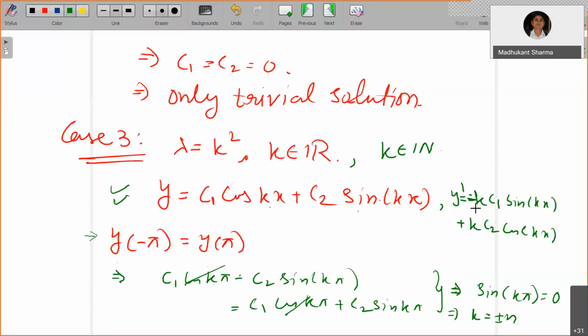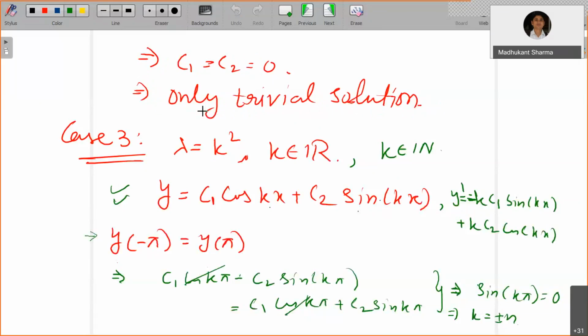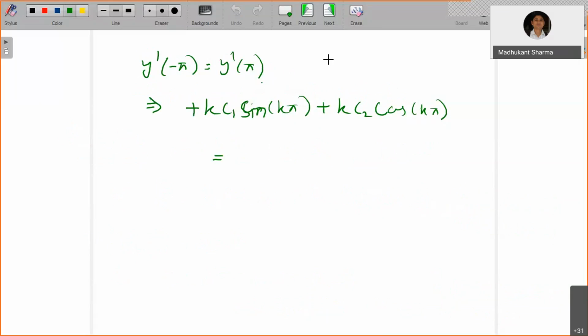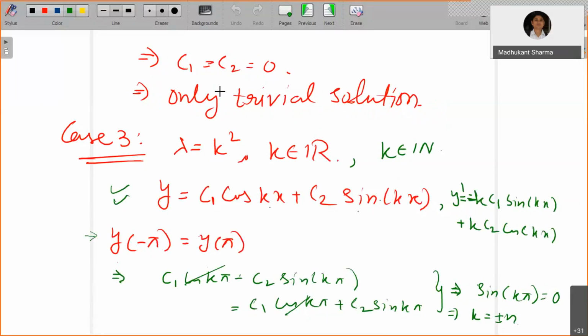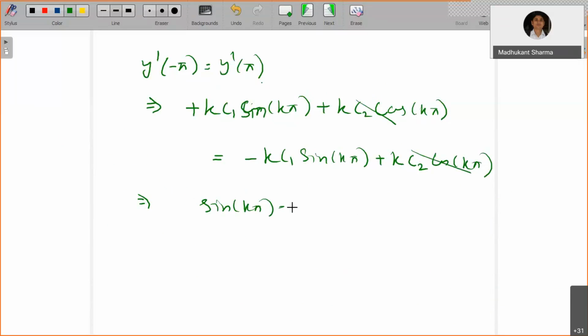So y dash at minus pi gives plus k C1 sin k pi plus k C2 cos k pi, equal to minus k C1 sin k pi plus k C2 cos k pi. This will again get cancelled, so again sin k pi equals 0, which implies k equals plus minus n. So both conditions give you the same thing.